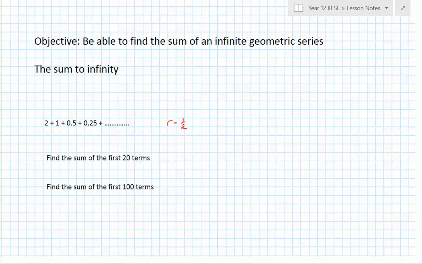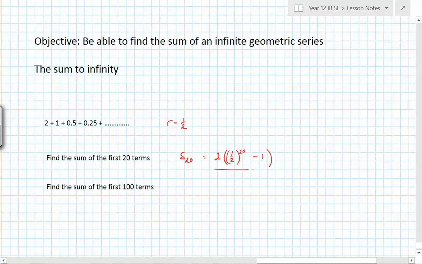So that's the thing to realise. If I asked you to find the sum of the first 20 terms, S20 equals what? You would have done 2 times a half to the power of 20 minus 1, all over a half minus 1.